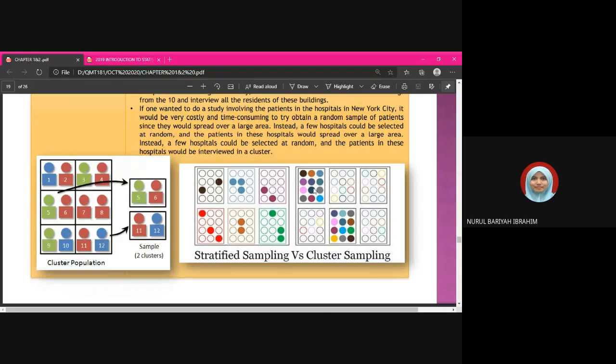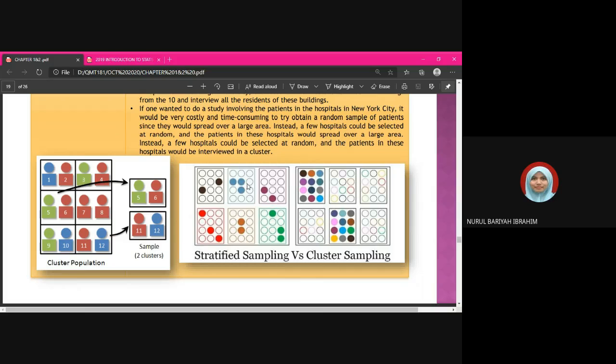Okay, ini adalah beza contoh. Kita tengok illustration, beza antara stratified dan cluster sampling. Kalau stratified, we have 6 strata and then we select. Kalau tengok sini, for every strata, dia homogeneous. Sini semua black color. Sini semua blue color. Sini semua purple. Okay. So, within the strata is homogeneous.